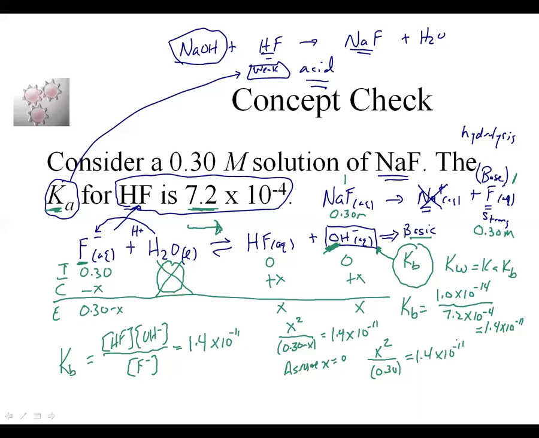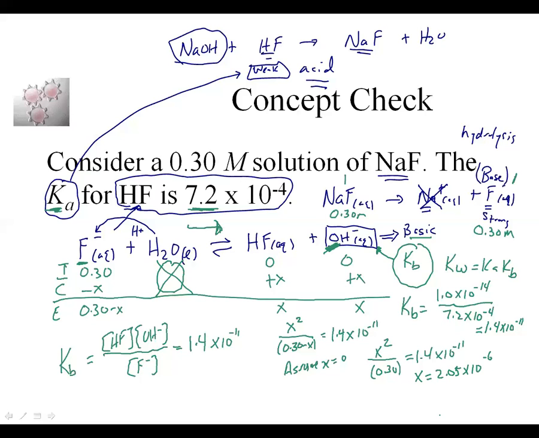We're going to multiply the 0.3 to the other side, and then take the square root of it. And this will get us an x value of, I'll just write in scientific notation, 2.05 times 10 to the minus 6.